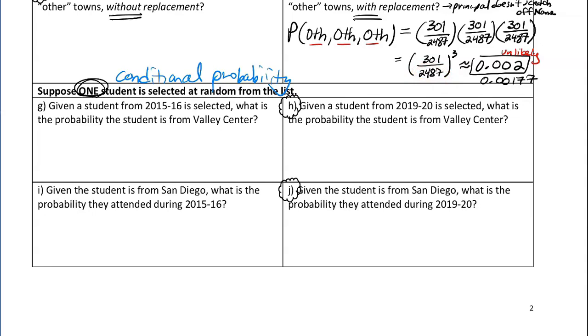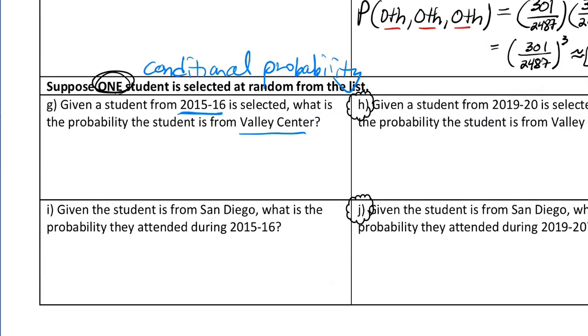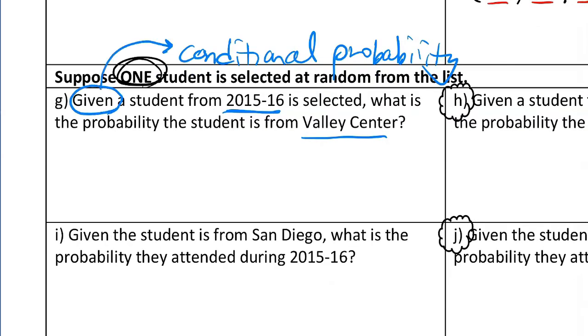Given a student from 2015-16 is selected, what is the probability the student is from Valley Center? Given indicates to us it's a conditional probability. The notation we would use is the probability of VC, Valley Center, given that the student is from the 2015-16 school year.